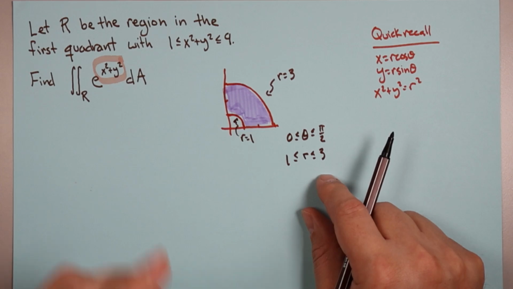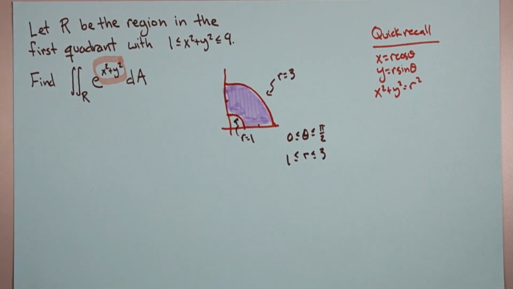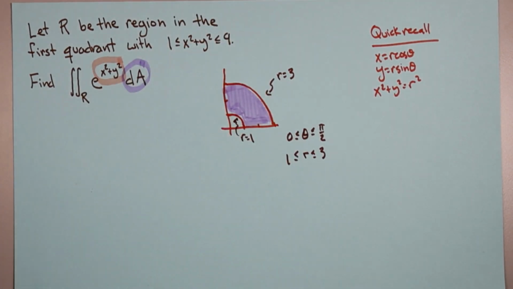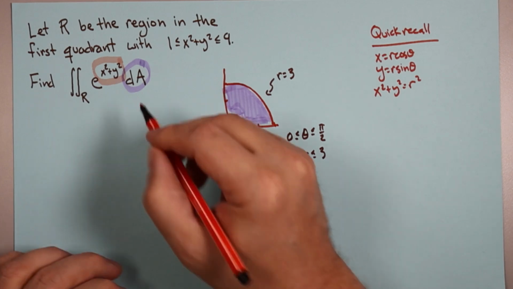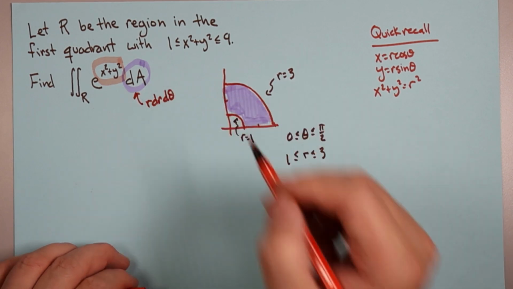Now, what about the dA part? Well, don't worry, we can handle that too. You say, look, we know about integration, and when we're doing an integration in our polar coordinate system, we say that dA is going to become r dr d theta.